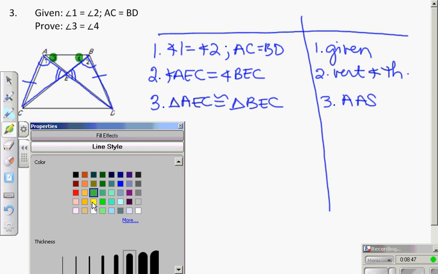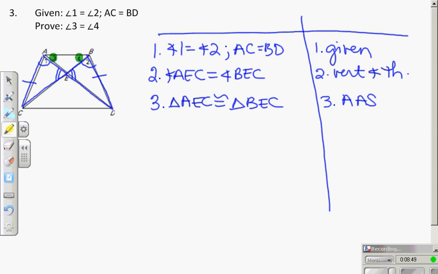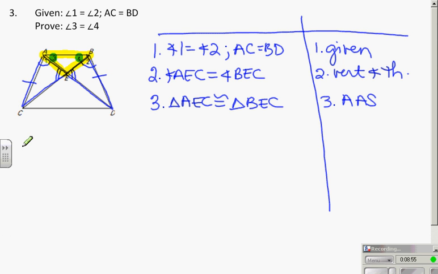Now, you might be wondering how that even helped us. If I go back and I use my highlighter and I look at this triangle right here, because that's where my green, my 3 and 4 angles I'm after, are related. 2 of the sides that make that yellow triangle are part of the blue triangles I just proved congruent.